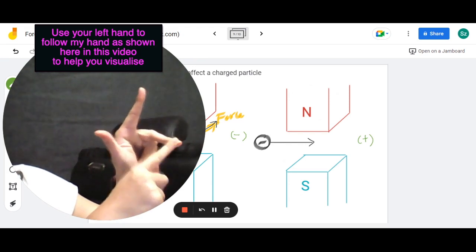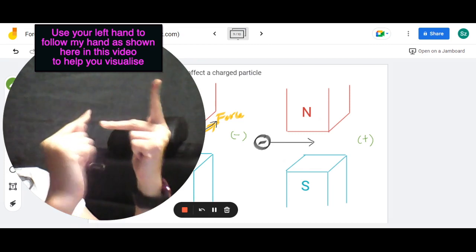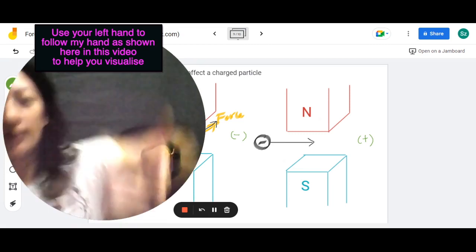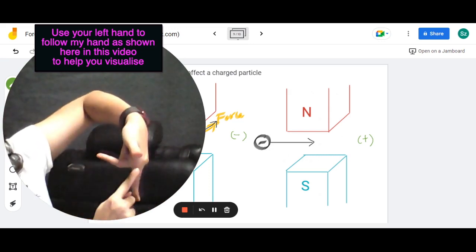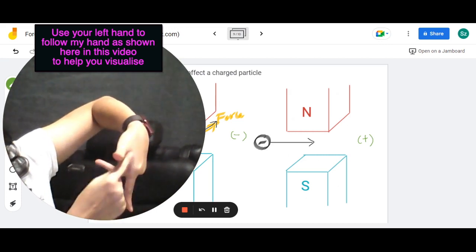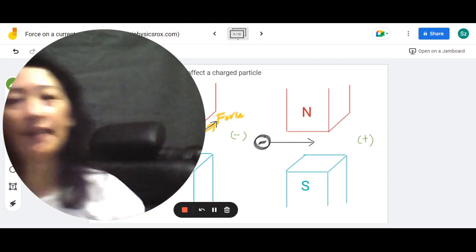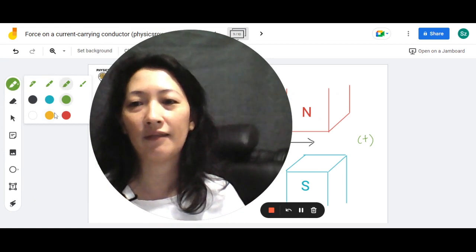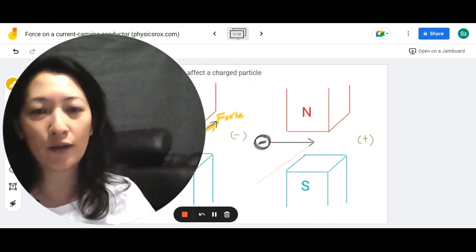So if it's now negative to positive, you need to rotate this so that it's now in this direction, negative to positive. Your middle finger needs to point this way, right? So north to south, now it's negative, positive. Your thumb is now flowing out of the paper. Okay, it's flowing out, which means that the force is going in this direction.